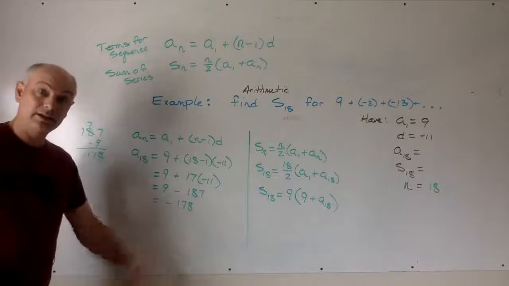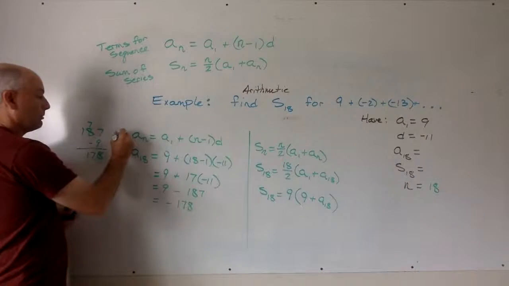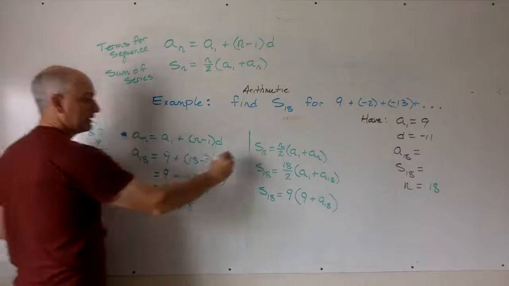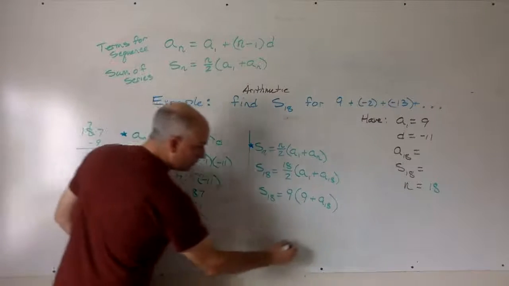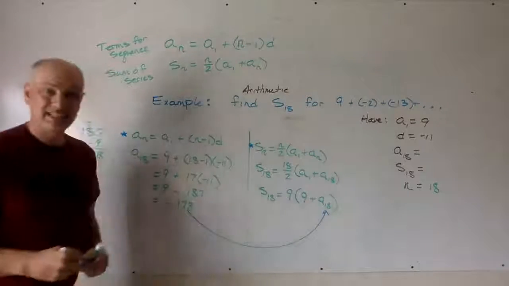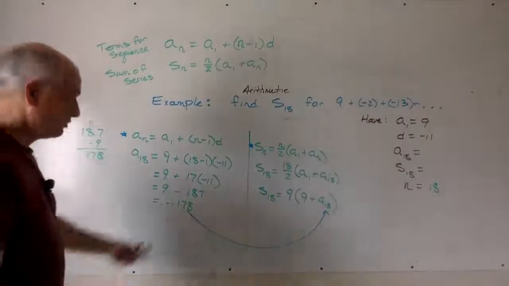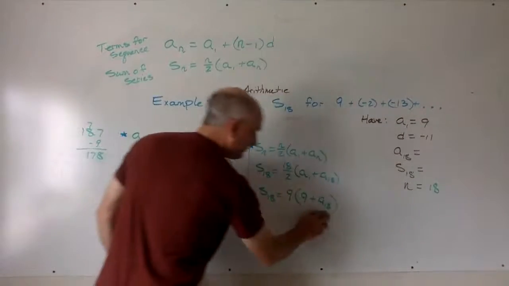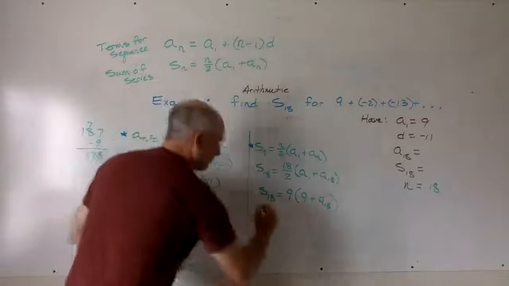Notice, where do I get to use that now? Using these two formulas simultaneously, filling in what you can, will give you the missing piece from one to the other. So notice, I can take that 178 now, and I can put it in.